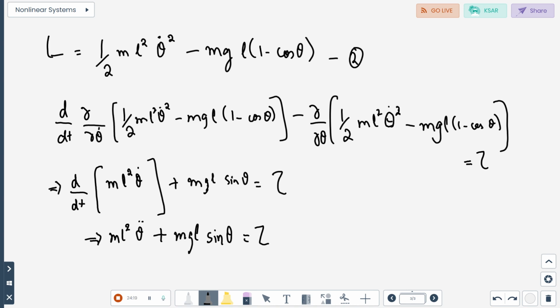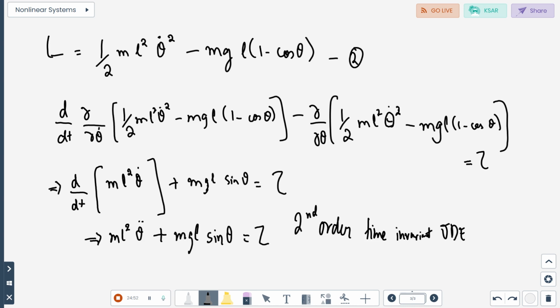So this here represents a second order time invariant ordinary differential equation. So this also represents the motion of the simple pendulum, ml square theta double dot plus mgl sine theta equal to tau.